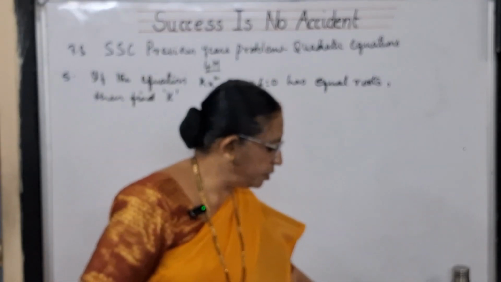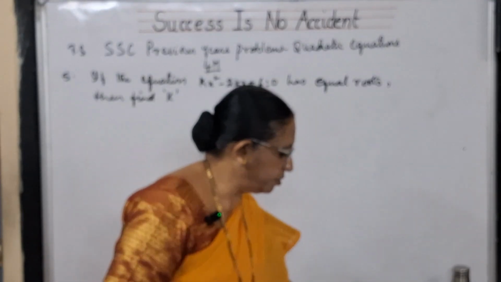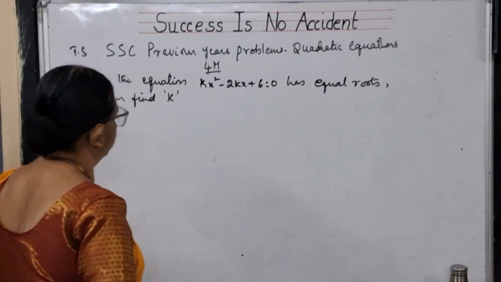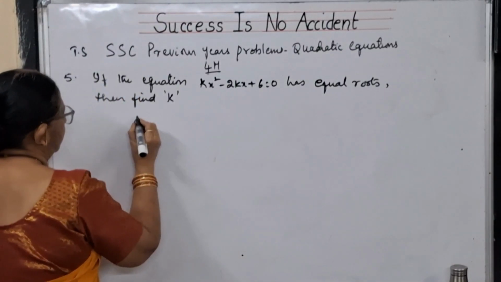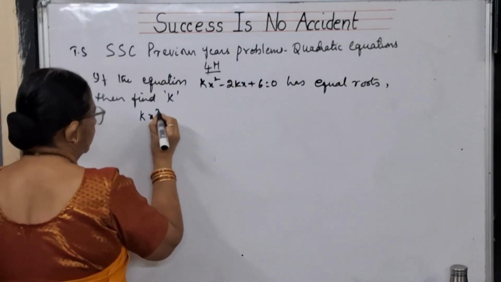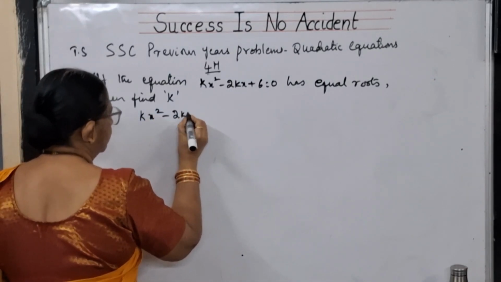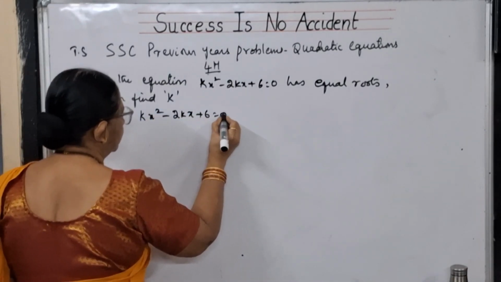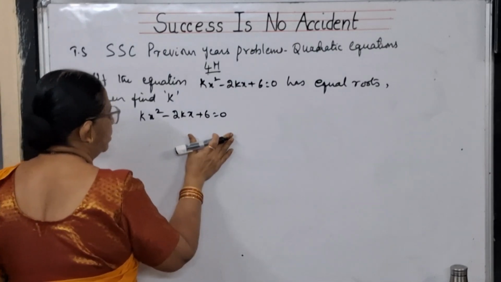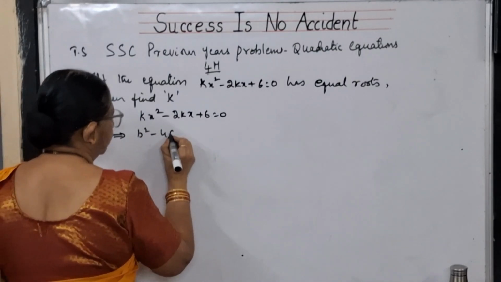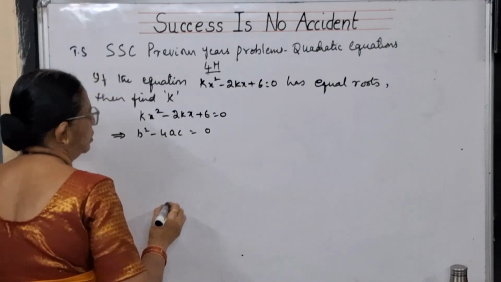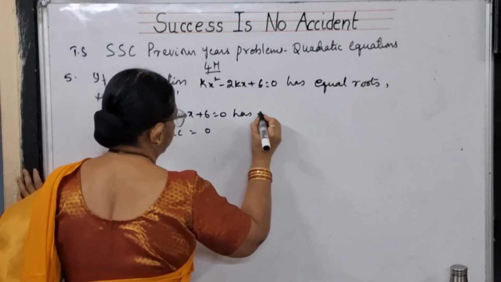Fifth problem, children. If kx square minus 2kx plus 6 is equal to 0 has equal roots, find the value of k. It has equal roots. That means what?